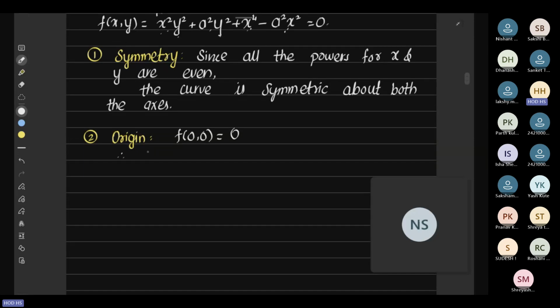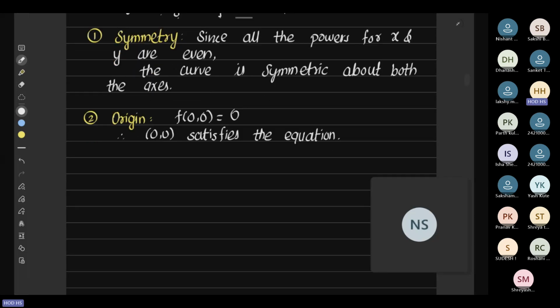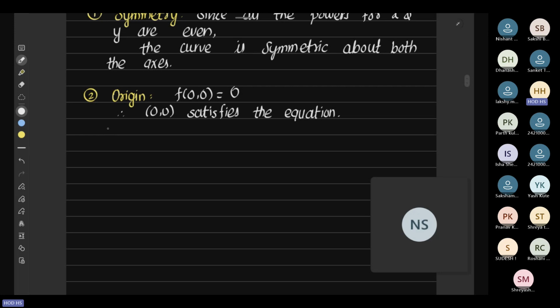Therefore 0, 0 satisfies the equation. Since 0, 0 satisfies the equation, we can conclude that the curve passes through the origin.